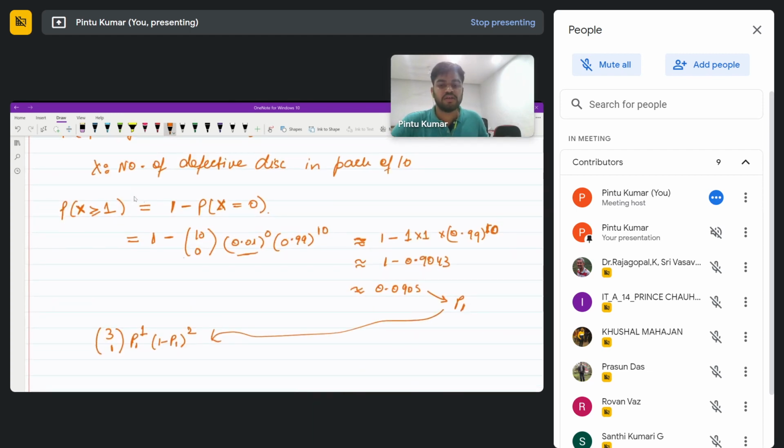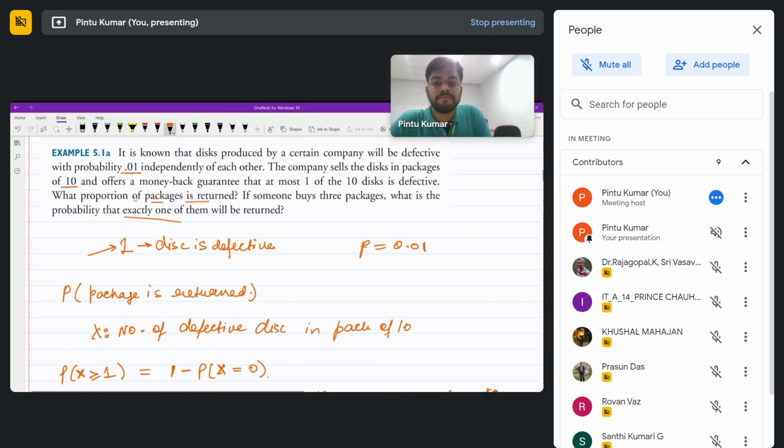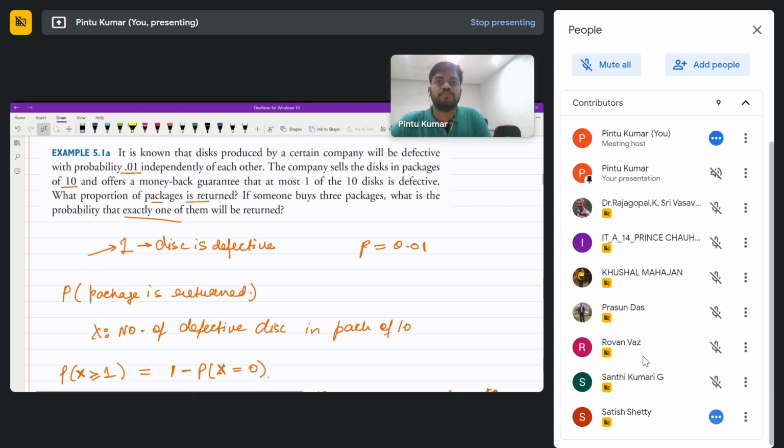Before that part, how to define that one packet is defective? That's the question. They are telling the probability that a disk is defective. They already told clearly, if any one disk is defective, it will be a defective pack, because they don't allow even one defective.